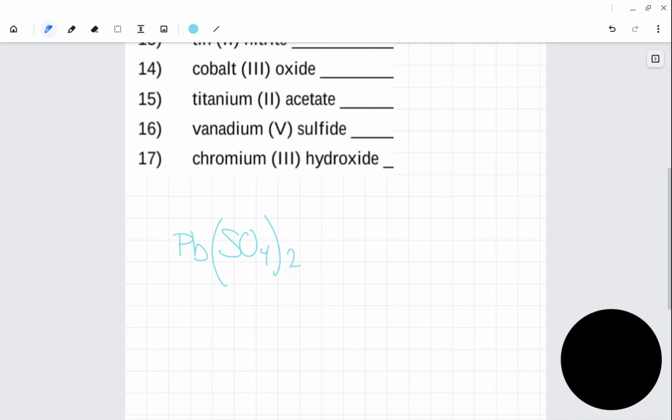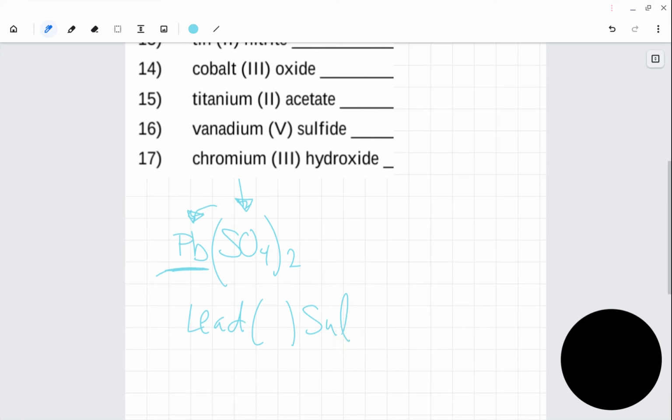Okay, so this is an example of where you're going to have to use your anion's charge to determine your cation's charge, because the cation here is a transition metal, so there's more than one option for a charge. So we can just start by saying lead, right? It's just spelled like it is, but I know I need to find the charge, and then I know that is sulfate.